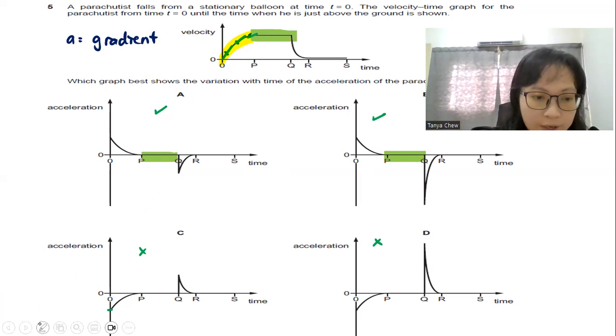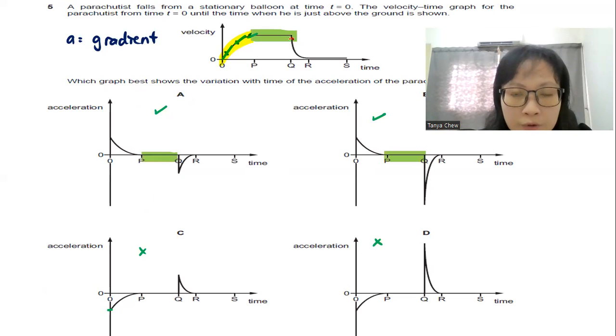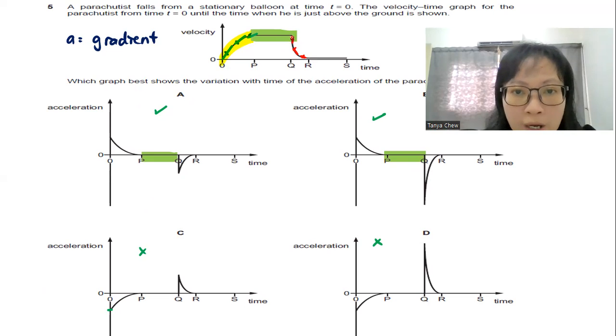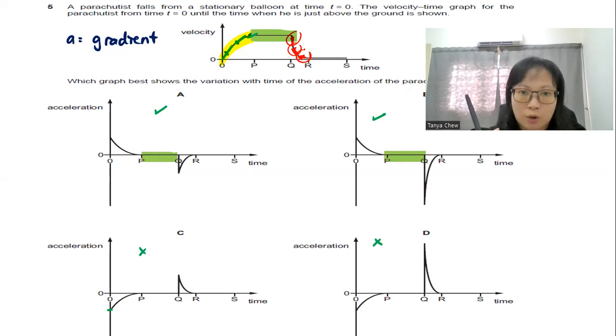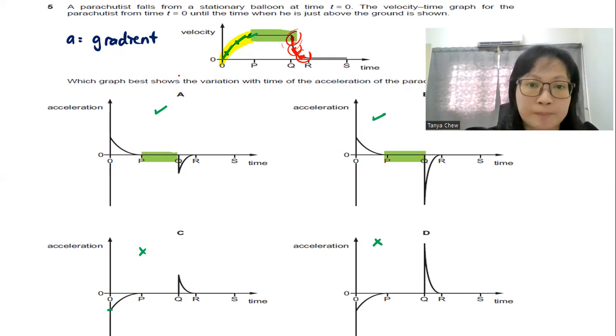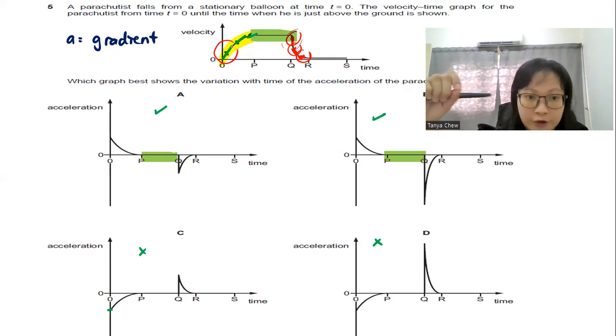And after that, what happens next is that the gradient is decreasing. And after that, R to S is 0 again. So the gradient, okay, the gradient, it seems to be steeper here, decreases to 0. So it means that the acceleration here is higher because it is steeper as compared to this first tangent line that I drew here.